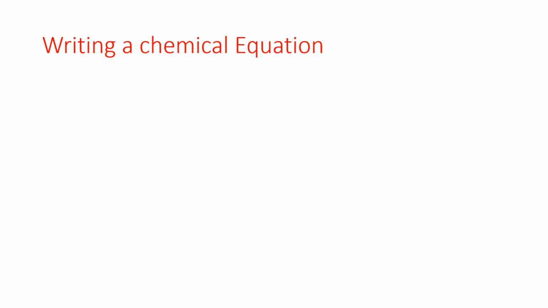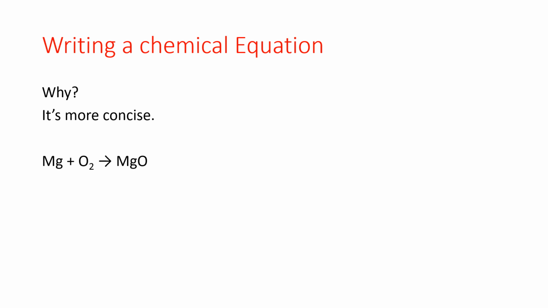Chemical equation is a shorter way for representing a chemical reaction. So chemical equations, why do we have to write them? To represent a chemical reaction in a concise form, we can use chemical equation.